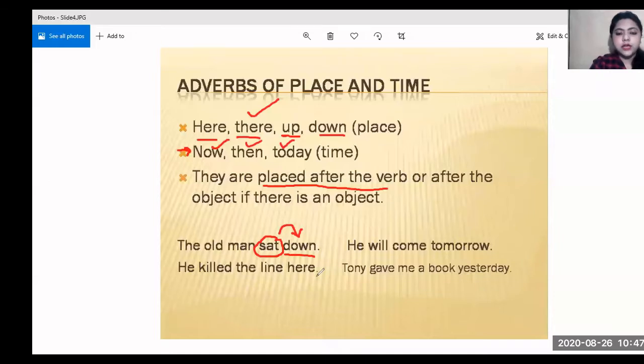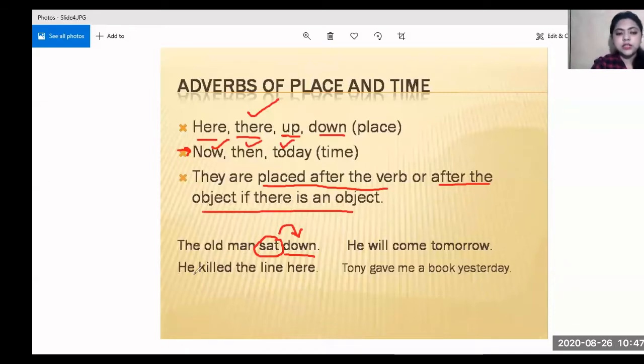Then let us look at the second example. He killed the lion. So what did I say? That if there is an object, then they are placed after the object.